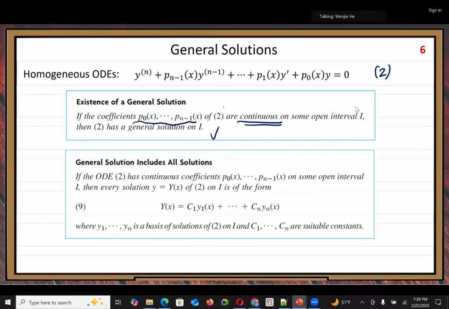The second part is that the general solution includes all solutions. That's the statement.